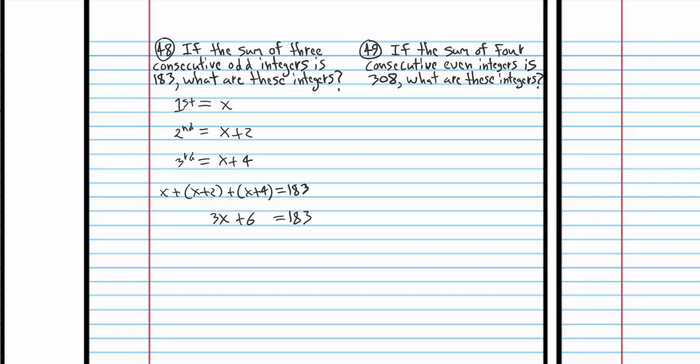And we're going to perform an operation on both sides of the equation, so we have to rewrite and subtract 6 from both sides of the equation. And we end up with 177 over here. And 3x, rewrite, because we're performing an operation on both sides of the equation.